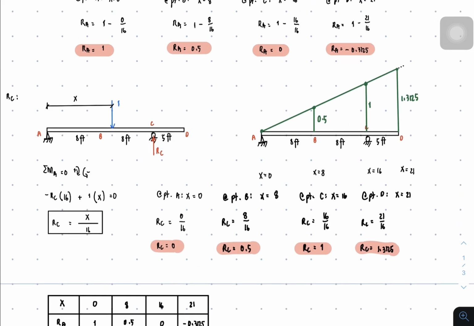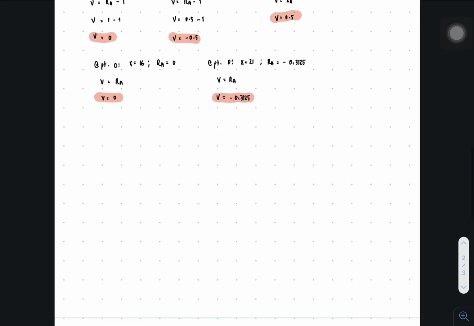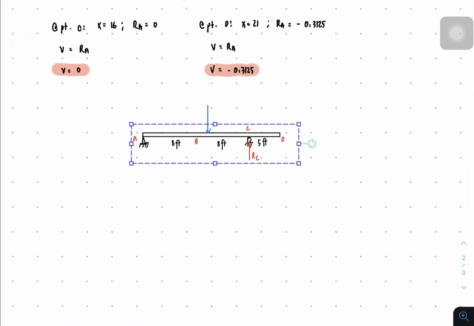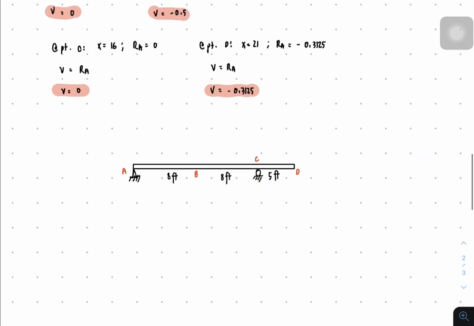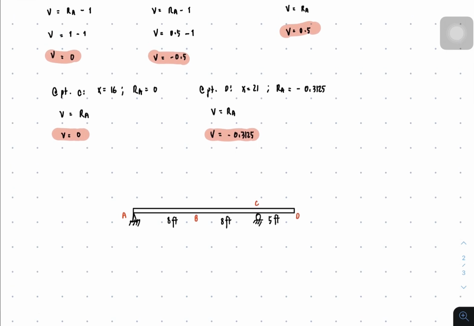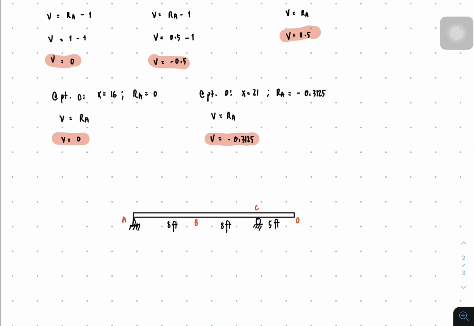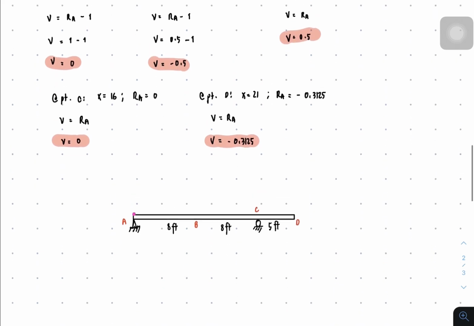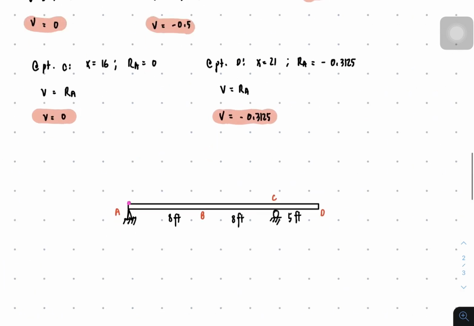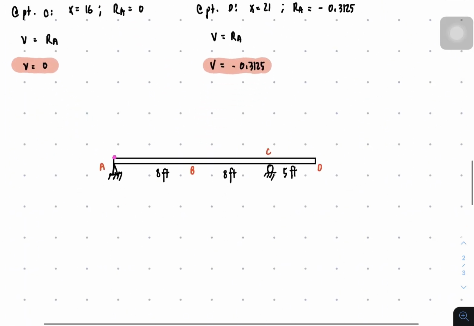So ato lang kopyahon ang beam. So let's just copy the beam because we will be drawing the influence line. So let's just remove this and this one. Okay, so we will be plotting the influence line of shear at B. So from 0, ang next niya nga point is negative 0.5 at point B. So that's 0.5 from here, maybe here.